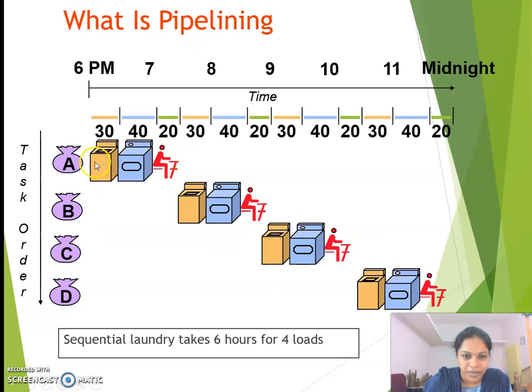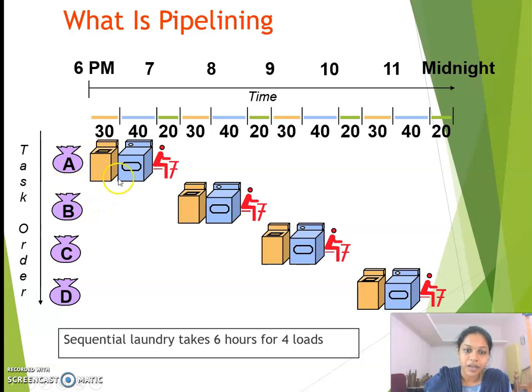So to complete the work of A, we need 30 plus 40 plus 20, which is 90 minutes. So 1.5 hours to complete the laundry for one person.